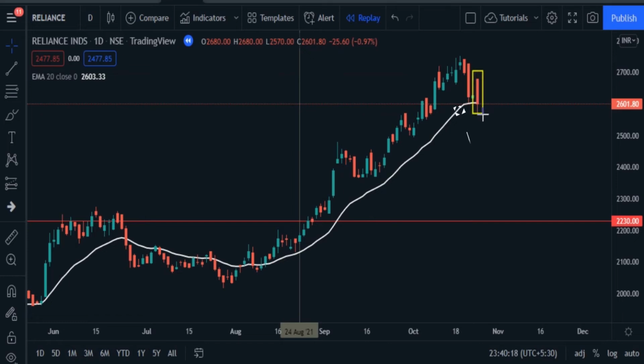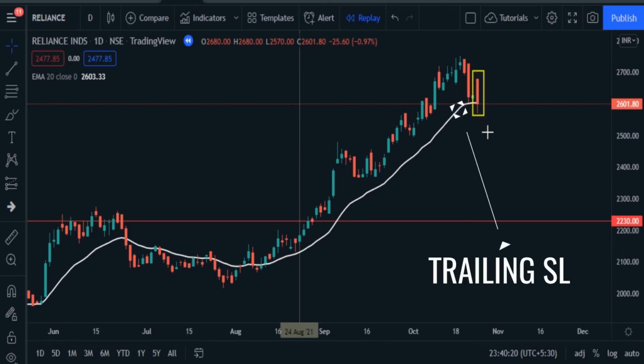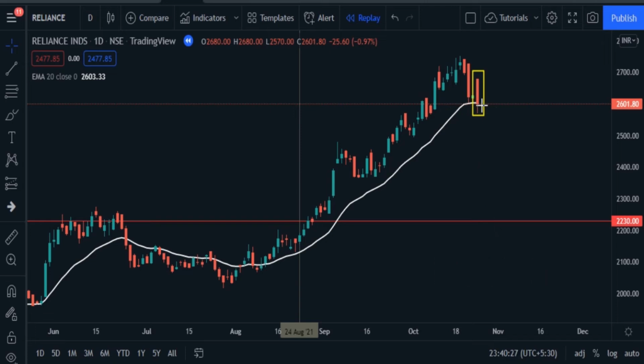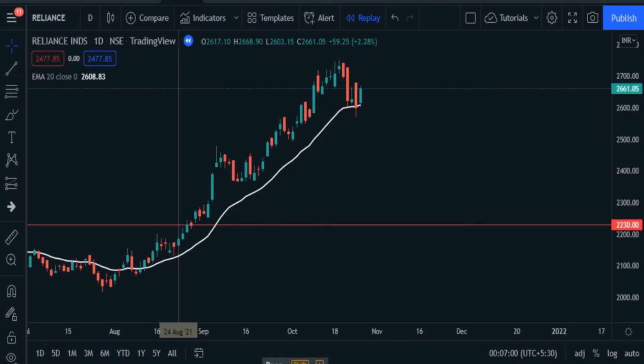The red candle that you see here has taken a support on this 20 EMA line. However, we will not take this red candle as our trailing stop loss since it has not done a negative crossover with the 20 EMA line. Now let's find out what happened next.